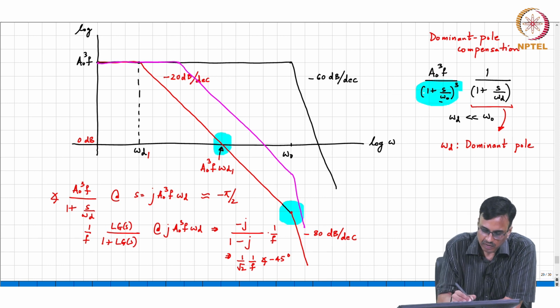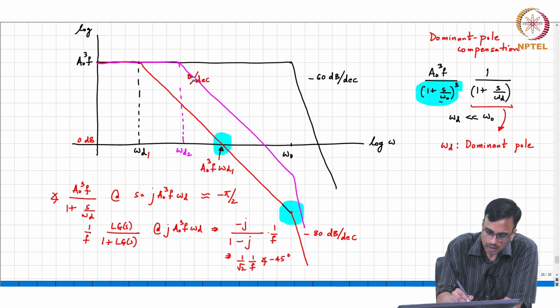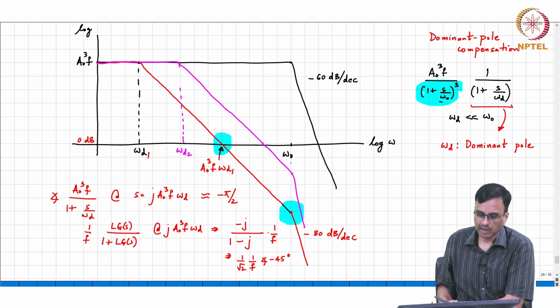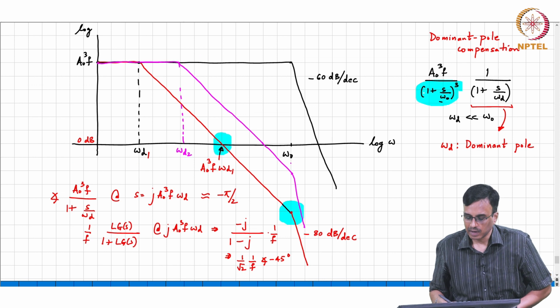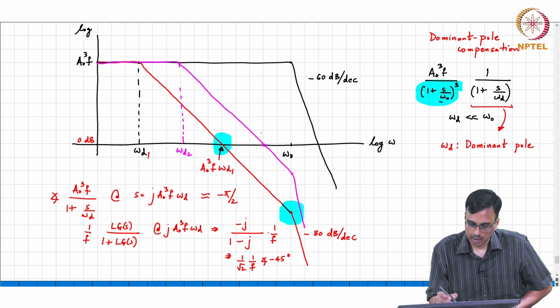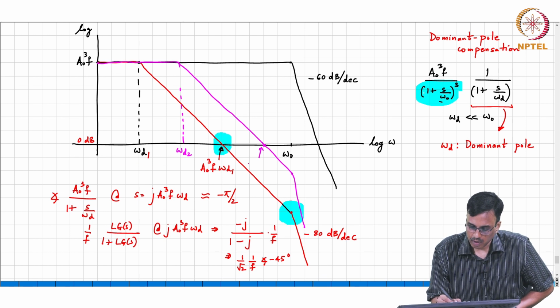This is another choice of dominant pole frequency. Here also the unity gain frequency is A naught cube f omega d2.